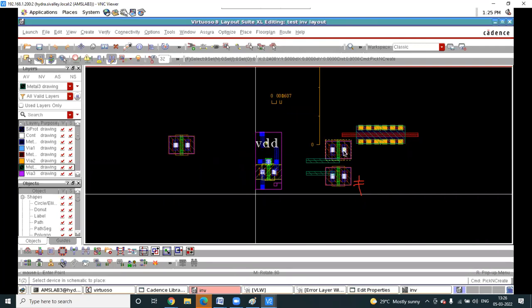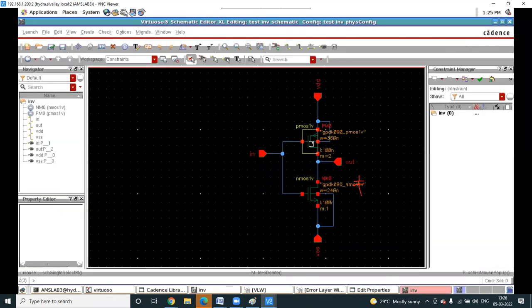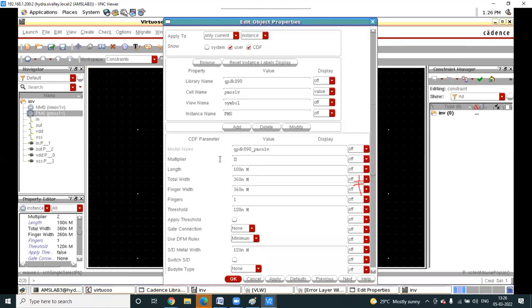See, 2 devices, they will be the same. It is called multiplier. For finger, I did 2 fingers.